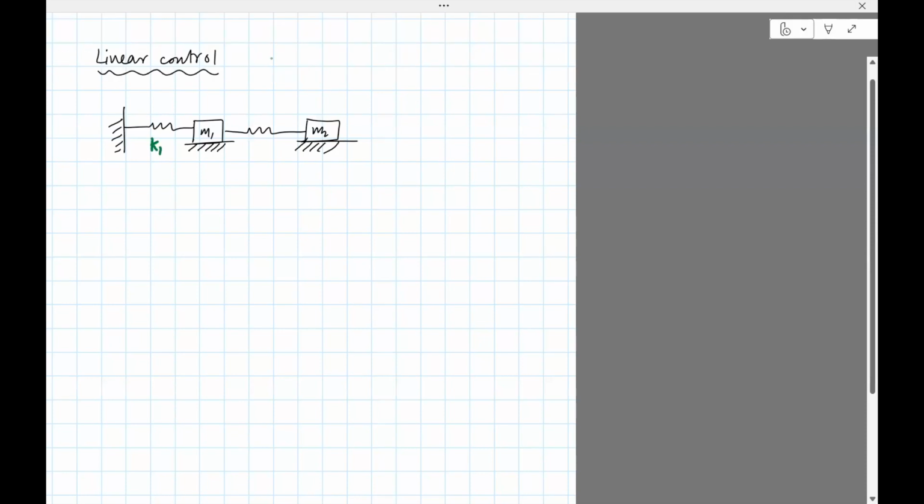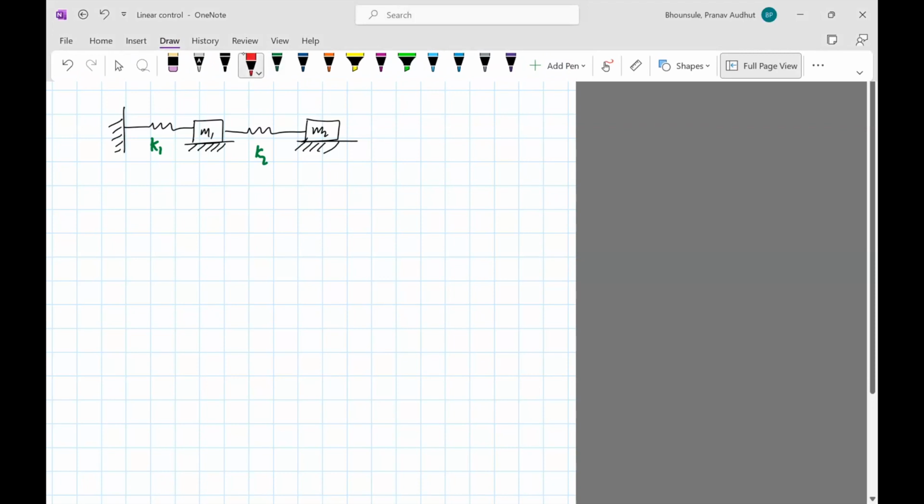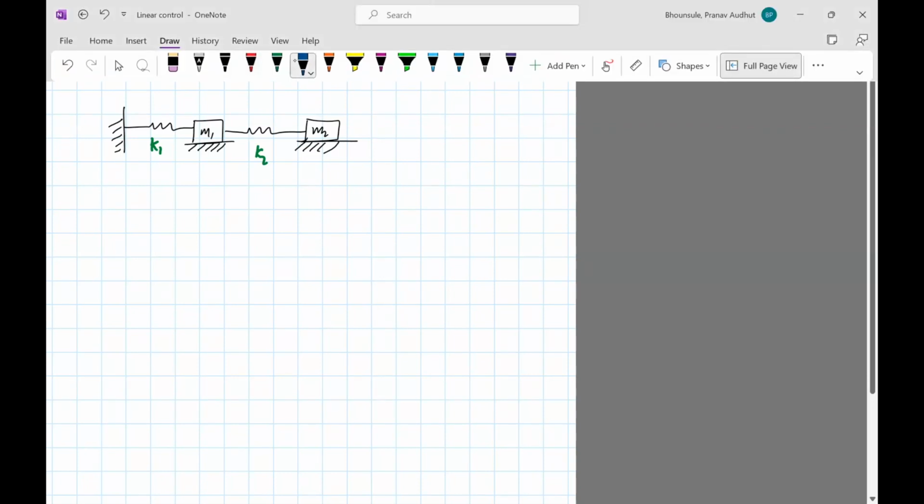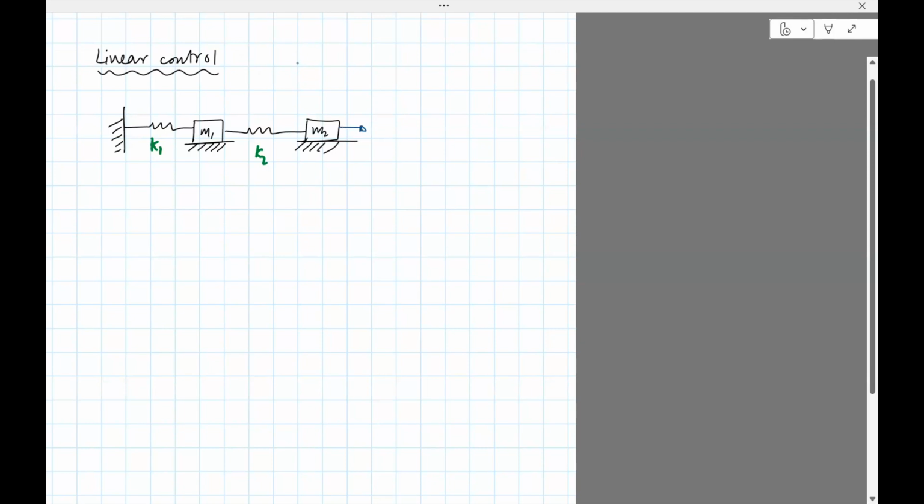So let's say this is K1, this is K2. Let's add some force. So let's assume that you can control the force on M2. I'll call it U2 because in the language of control theory, you typically use U for control.